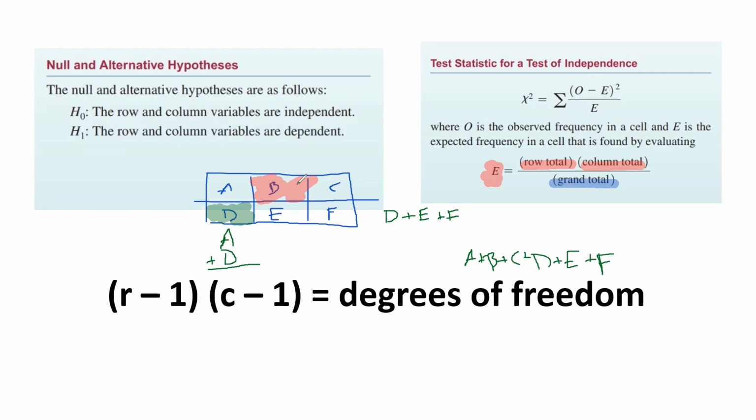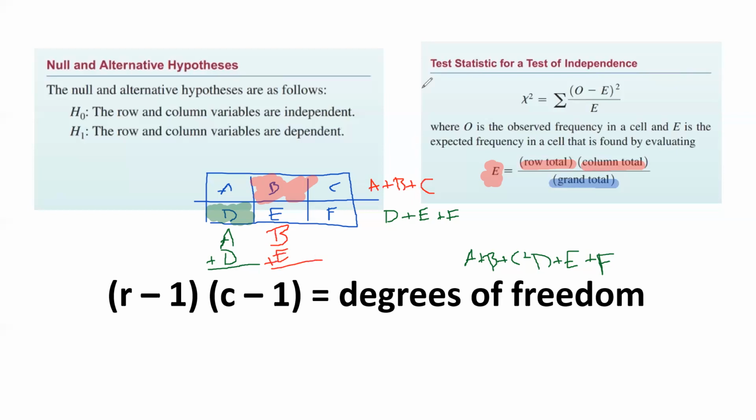For B, yep, A plus B plus C. Somebody else, what would be my column total if we're doing the expected value for B? B plus E, all right. I like this. You guys getting this?